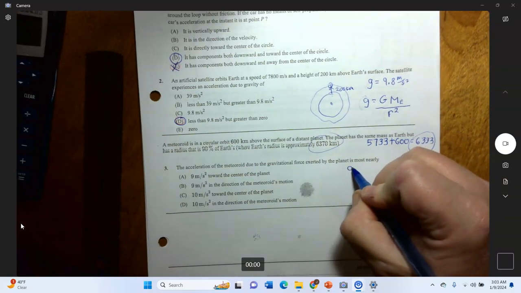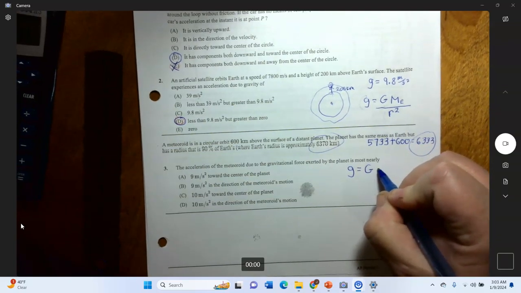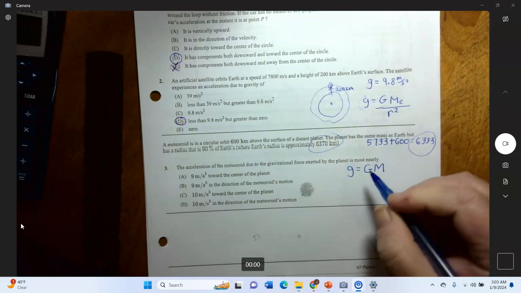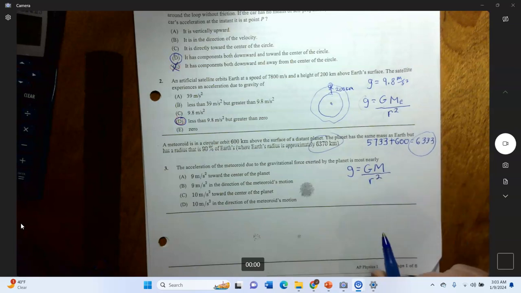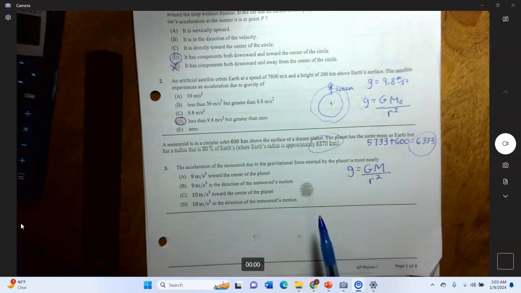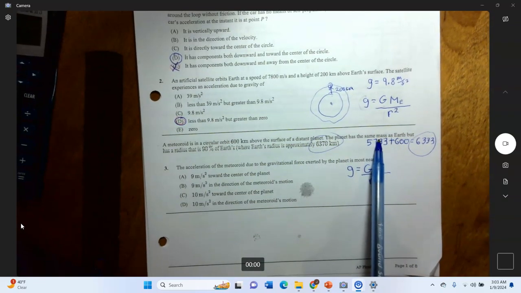So again, we're going to use this formula: g equals the gravitational constant times the mass of the planet. So in this case, the m could be either Earth or this other planet, over r squared. All right, so we're going to say that the r's are effectively the same for both the Earth and this new planet. Okay, but it is saying that it has the same mass as the Earth.